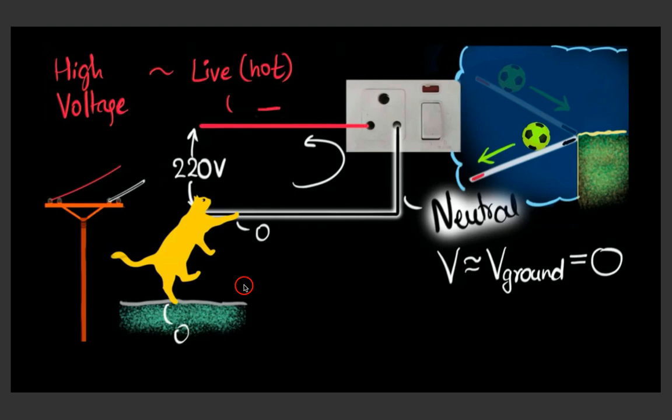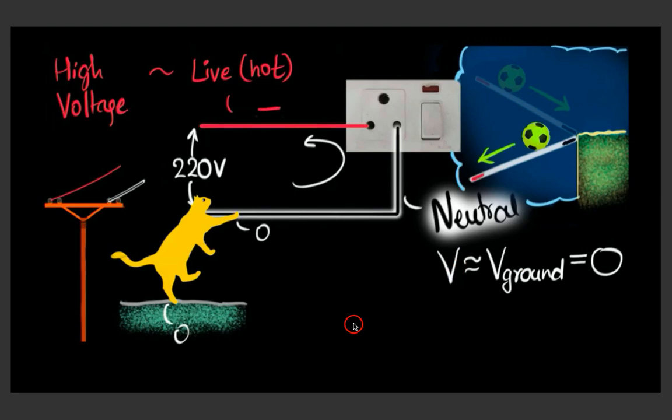Now, I just want to make very clear before I continue that I'm not saying, therefore, that it's okay to touch the neutral wire in the outlet in your home. That neutral wire is maintained at the voltage of the ground kind of in ideal circumstances when everything's working properly, but you can't count on it.